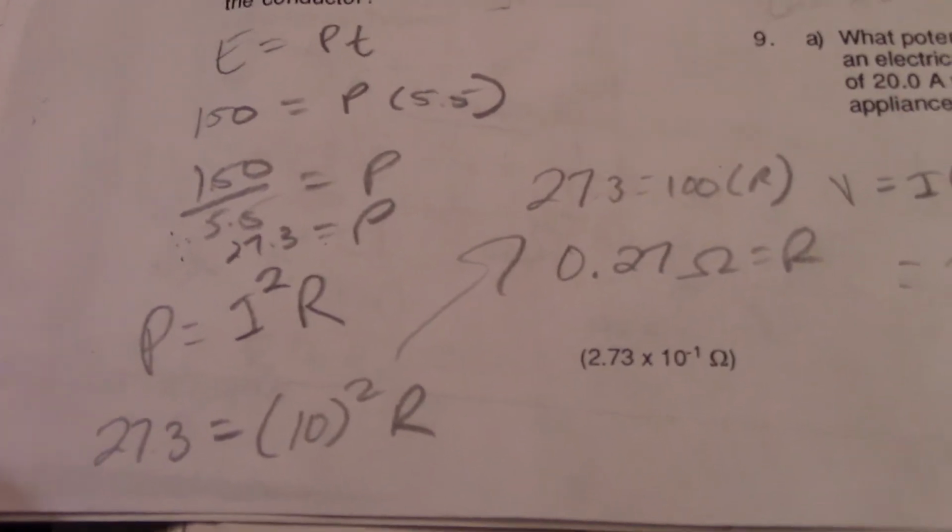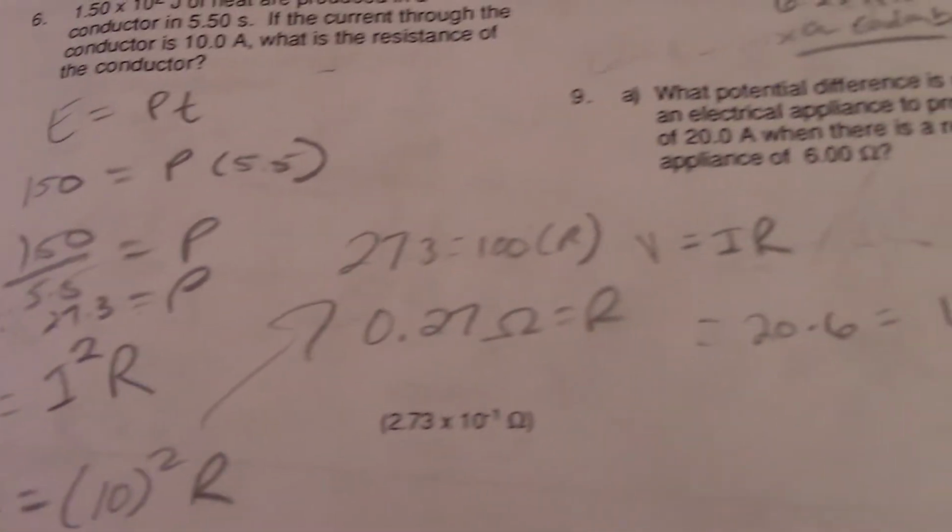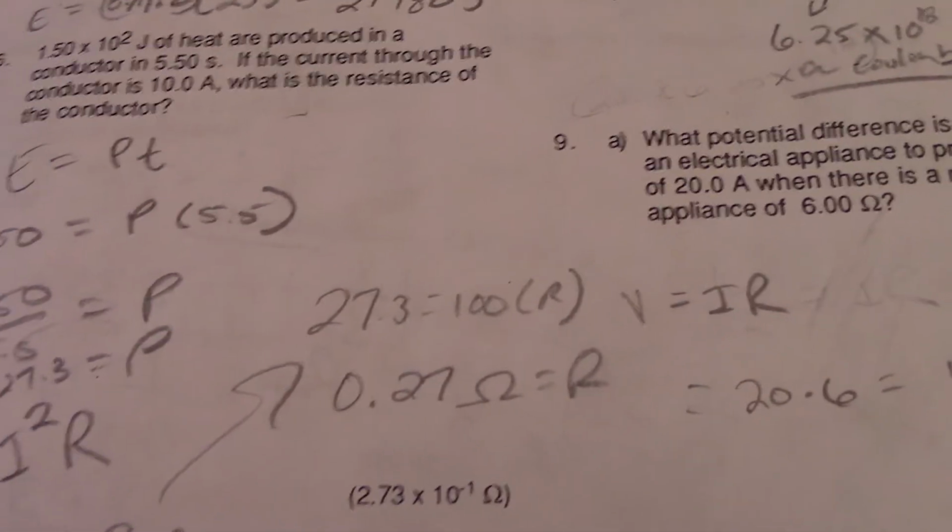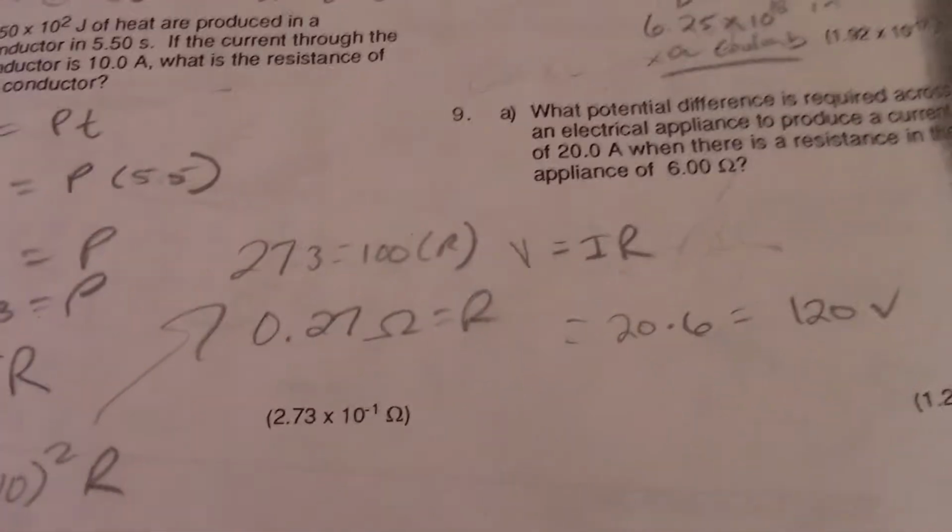So it's going to be 27.3 times 100, and I'm going to get 0.27 ohms. Okay, so those are your power equations and the different applications you'll have with solving for power.